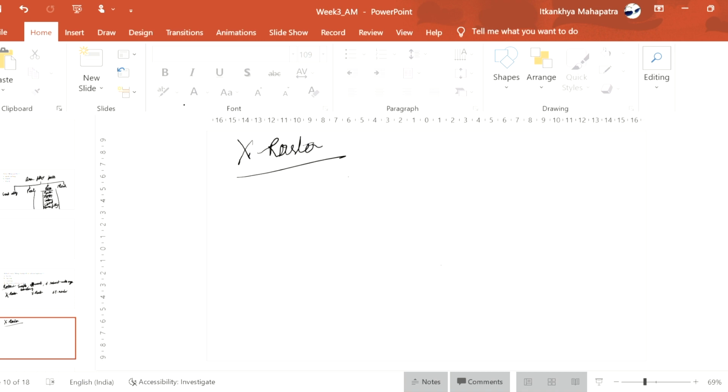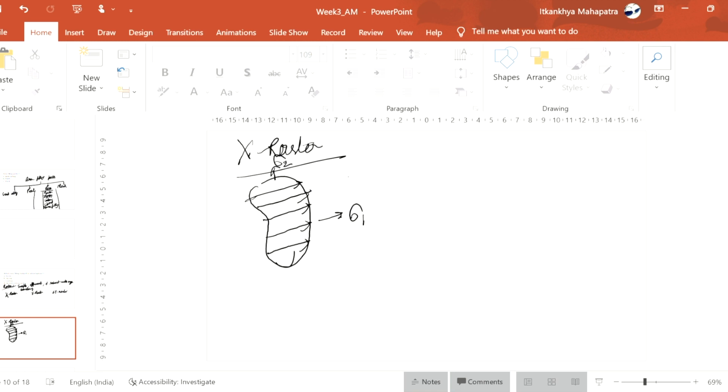x raster. Suppose this is your tool path. Now this is your object. In x raster, the tool will move in the x direction, from this side to this side. Here stresses will be along sigma 1 and sigma 2.